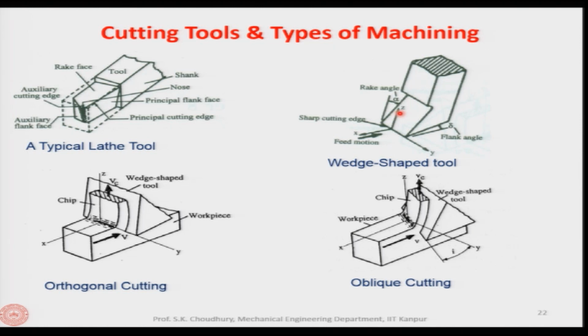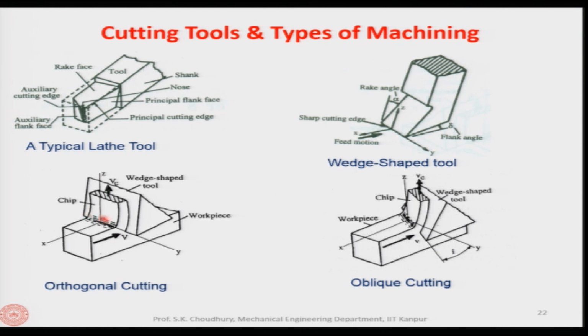Then we said that there are two types of cutting processes, one which is orthogonal and another which is oblique cutting. These two are normally practiced in the industries. In orthogonal cutting, the cutting velocity vector makes a 90-degree angle with the cutting edge of the tool.